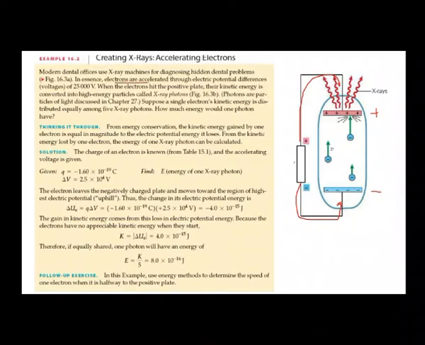Electrons are accelerated through an electric potential difference of 25,000 volts, meaning the potential difference between them is around 25 kilovolts. Because of the greater attraction, the greater electric field and voltage, some of the electrons will be pulled towards the positive plate, and as they hit the positive plate, it emits X-rays.